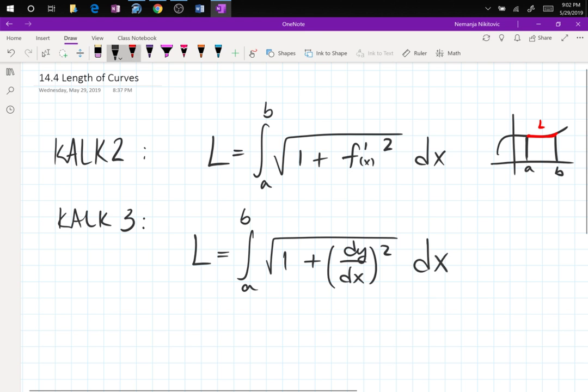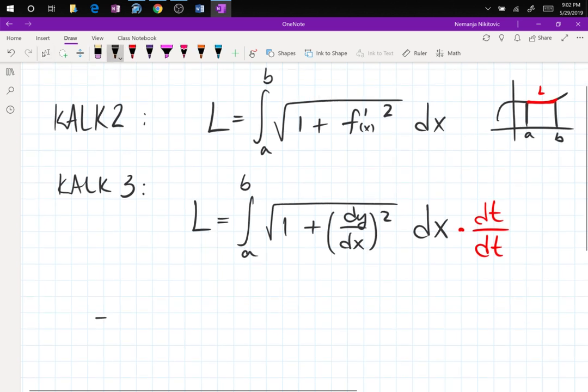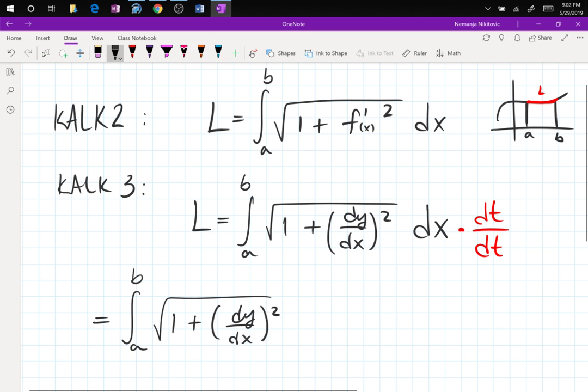I'm simply going to multiply this formula by dt divided by dt. And that's going to fix our issues. Integral a to b, square root of, well, let's do another step. So dy over dx squared. And now I'm going to have dx dt and then dt.